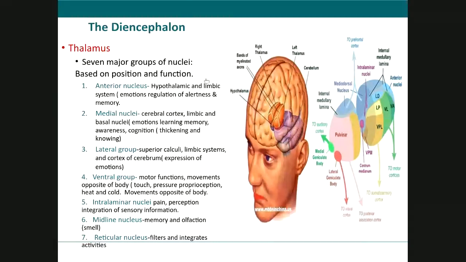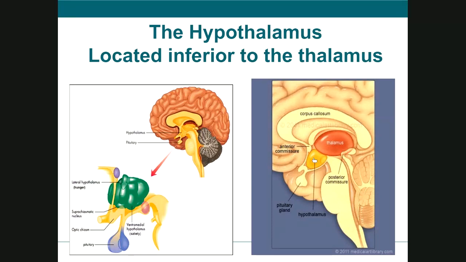The thalamus is made up of 7 nuclei. I wouldn't get into all these details, but generally know that the thalamus has each specific nuclei specifically controlling different parts of our system. Below it is the hypothalamus, so it's located inferior to the thalamus.